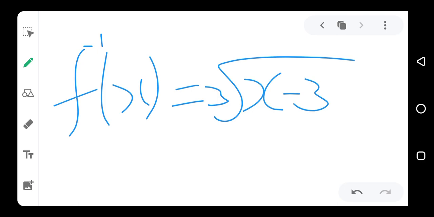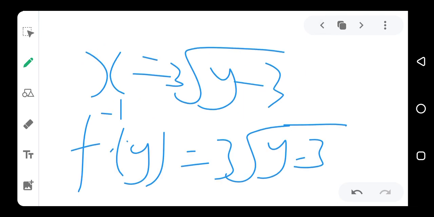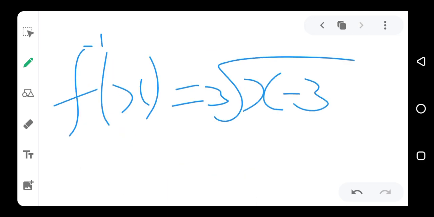In f of y, which is this one, we have cube root of y minus 3. So if you're now looking for inverse function of f of x, the y that is here, because this is x, we now change this y to x to get the inverse function of f of x. And that is what we have in this side.